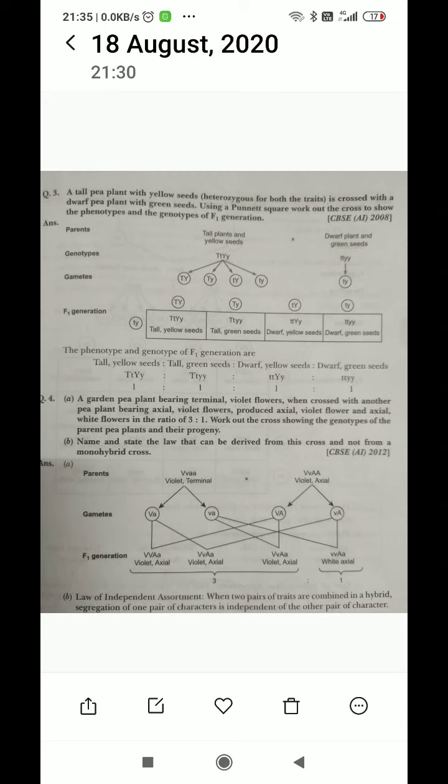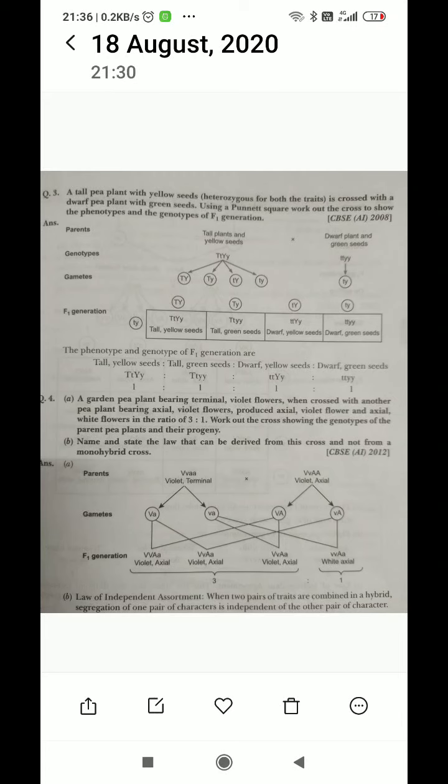So, for terminal we'll write small a. And it is crossed with another pea plant bearing axial. Axial is dominant, so capital A will come. Violet flowers produced axial violet flowers and axial white flowers in the ratio of 3:1. Work out the cross showing the genotypes of the parent pea plants and their progeny.